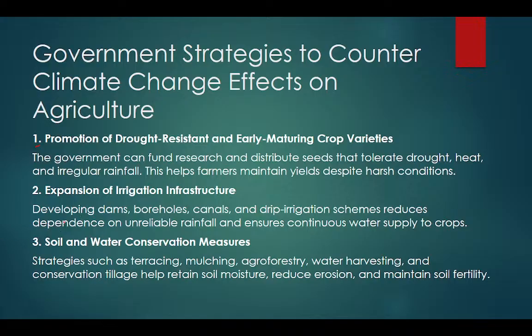Then the third strategy that the government may bring on board to counter climate change effects on agriculture is soil and water conservation measures. Strategies such as terracing, mulching, agroforestry, water harvesting, and conservation tillage help retain soil moisture, reduce erosion, and maintain soil fertility.